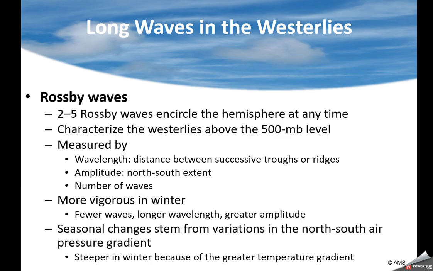When you look at the waves in the upper atmosphere that move around the globe, we call them Rossby waves. They're long waves. They have little tiny waves inside of them, but these big waves, maybe 2 to 5 of them. And much of this winter, we had one centered over the eastern half of the United States.